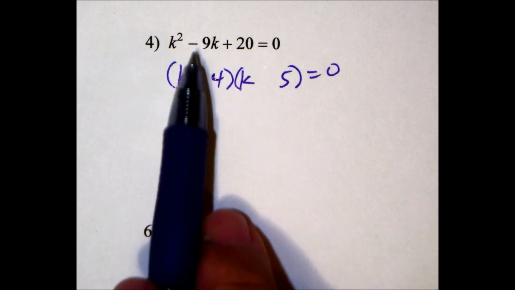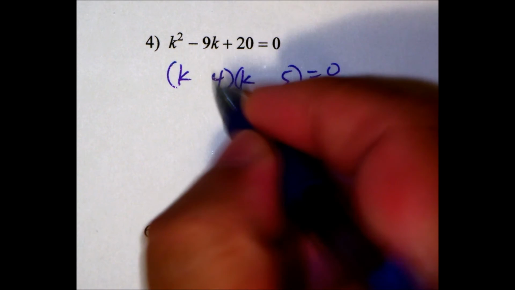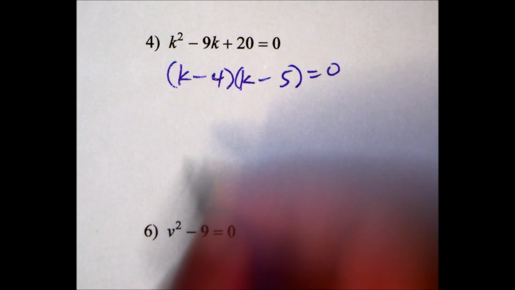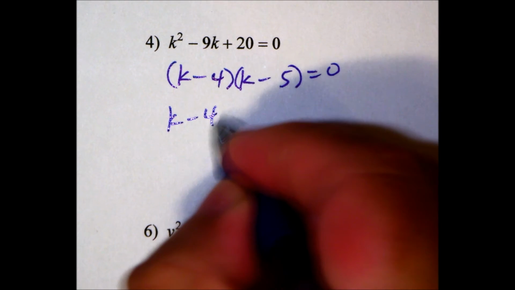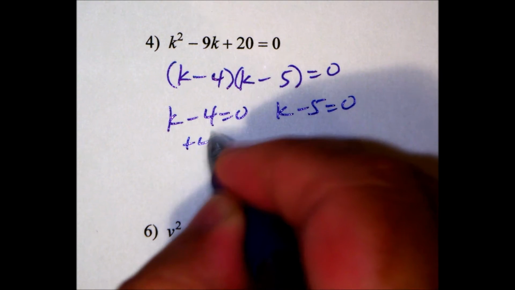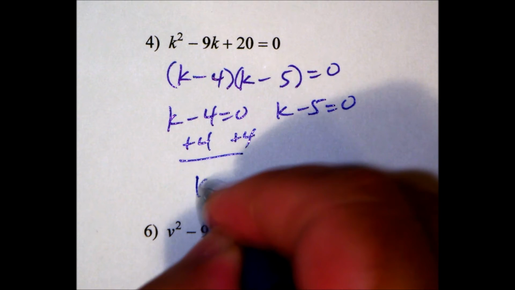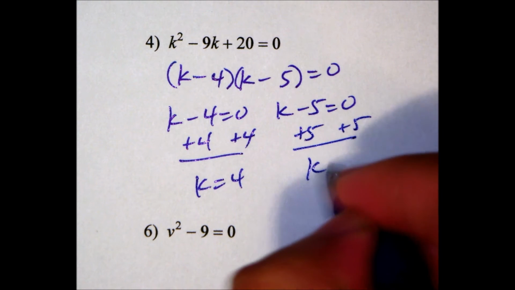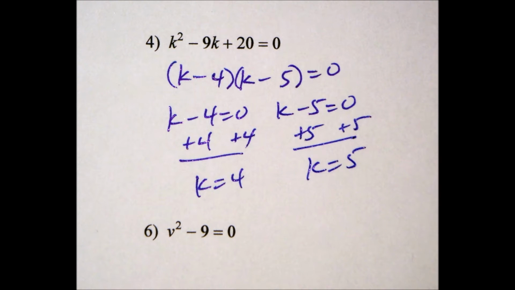Negative 4 plus negative 5 gives me negative 9. So they're both negative. So again, we're at the same spot. Set each factor equal to 0 and solve them separately. That's it.